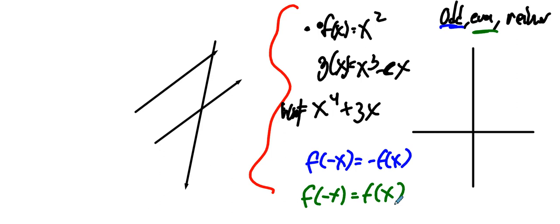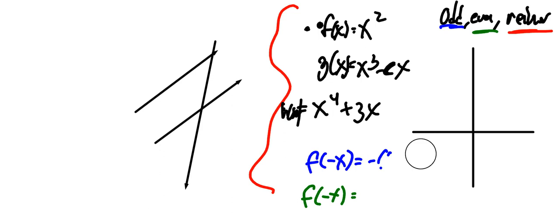Now, neither means that f of negative x is not equal to negative f of x, and also not equal to f of x. So let's practice with these functions here.